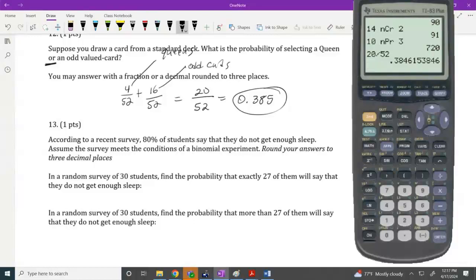So 4 over 52 is the probability of drawing a queen. 16 over 52 is the probability of pulling an odd card. If we add those 2 probabilities together, we get 20 over 52, which is 0.385.